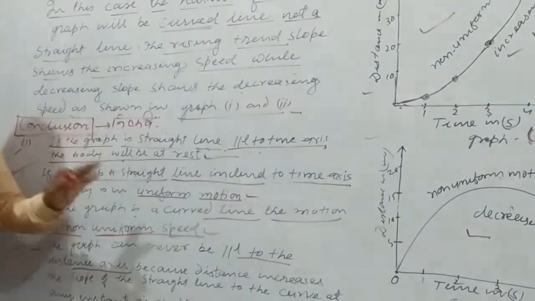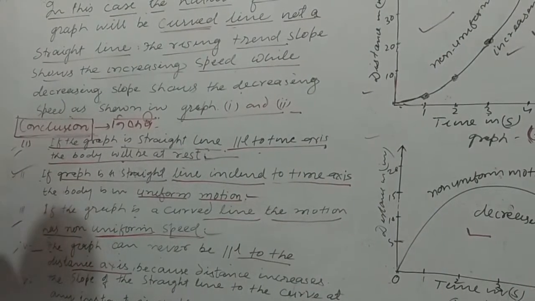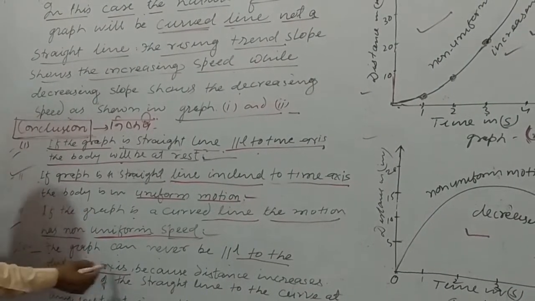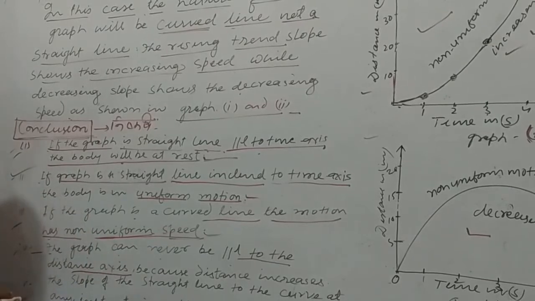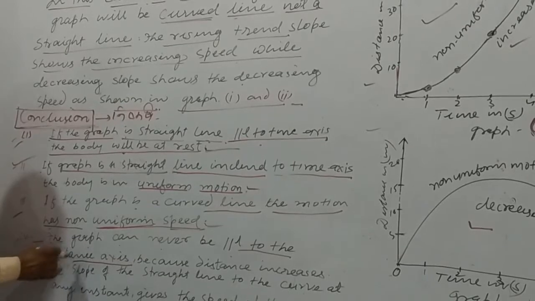You will see in the distance time graph, the graph can never be parallel to the distance axis, understanding? तो distance axis के parallel कभी भी नहीं होता है, fourth case है.